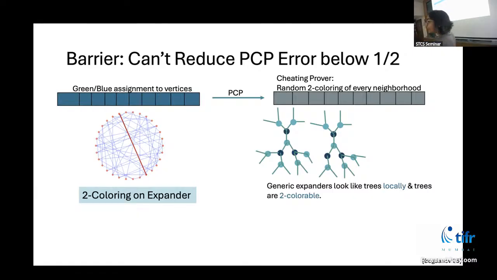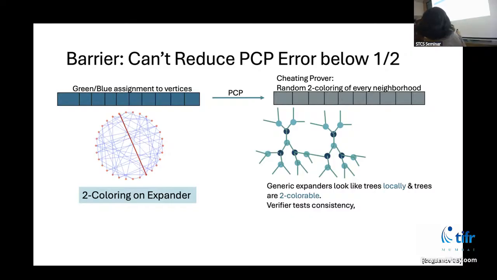Okay, so any idea what will be the probability that the verifier notices an issue when it tests consistency between two neighborhoods? Yeah, so it will be at most half, and exactly half, just because the union of the neighborhoods is also a tree.